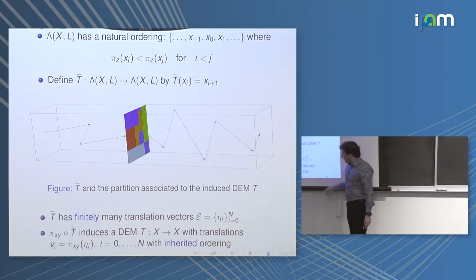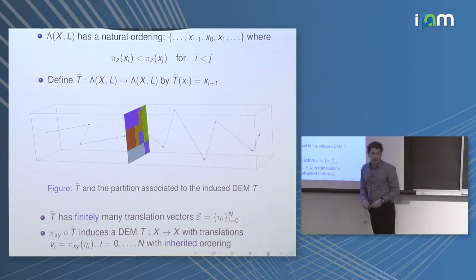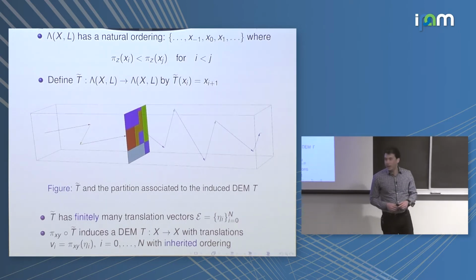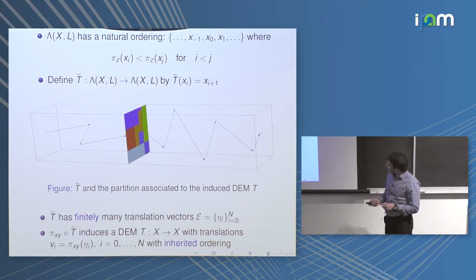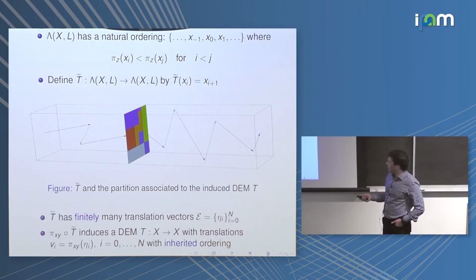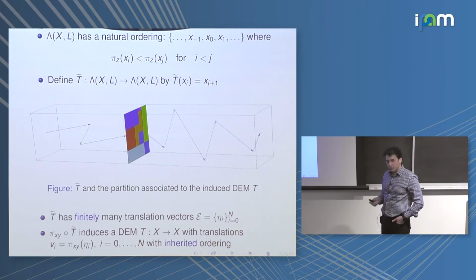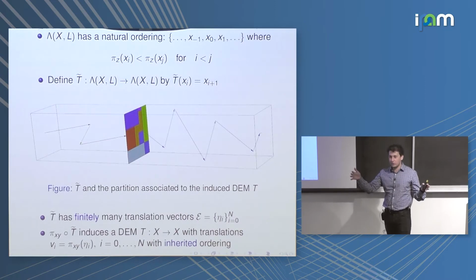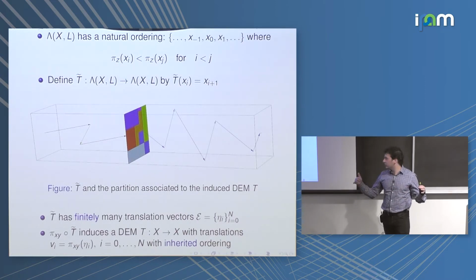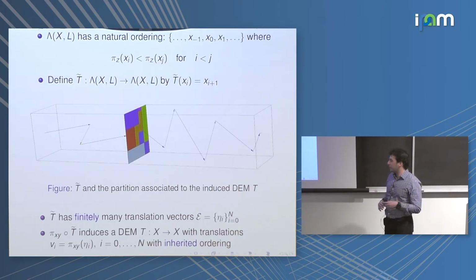And one important property is that these vectors come with an ordering that they've inherited from the fact that in lambda of X, L, we can project these onto the z-coordinate. We can find the lengths of the projection onto the z axis, and so we'll just order them by those lengths.